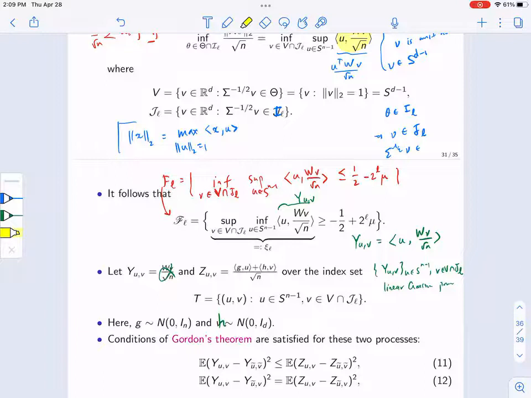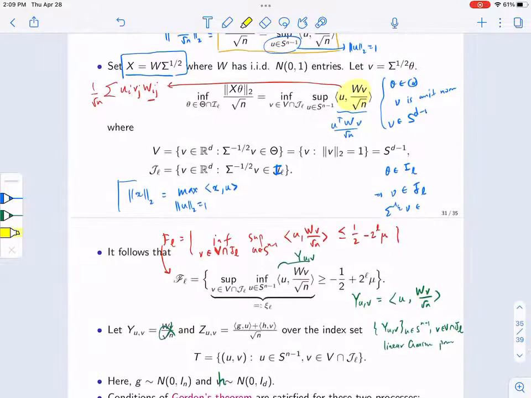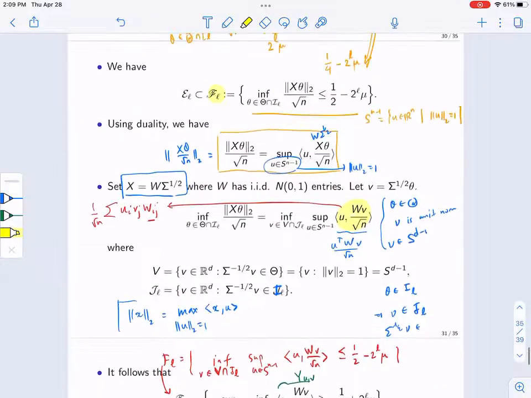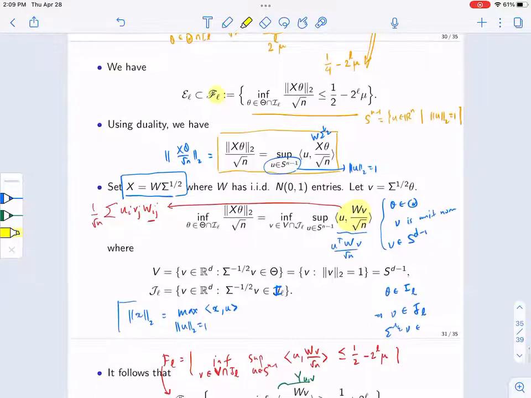This is sometimes called the variational characterization. This follows from Cauchy-Schwarz. Okay, so we replace the norm of X theta with this variational characterization. And then we also replace X with W Sigma^(1/2). We went over why this is true.